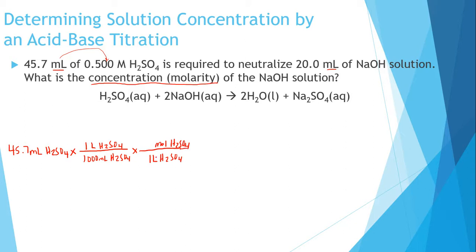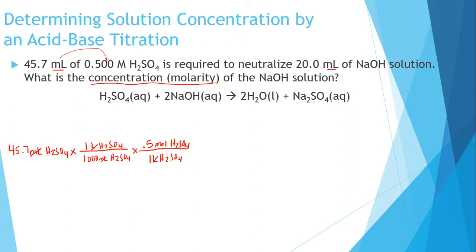Now remember, to go from liters to moles or moles to liters, we need to use this molarity. So this molarity can be written as 0.5 moles over 1 liter. So notice I've canceled my milliliters, I've canceled my liters.